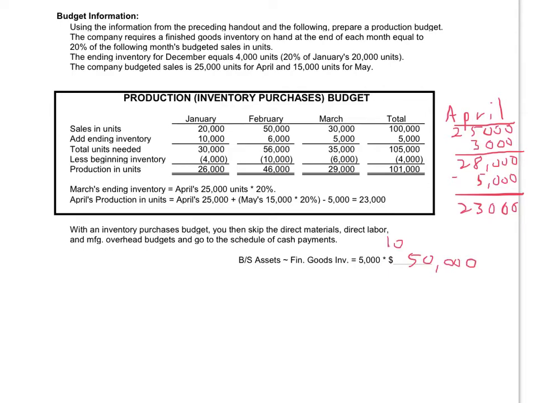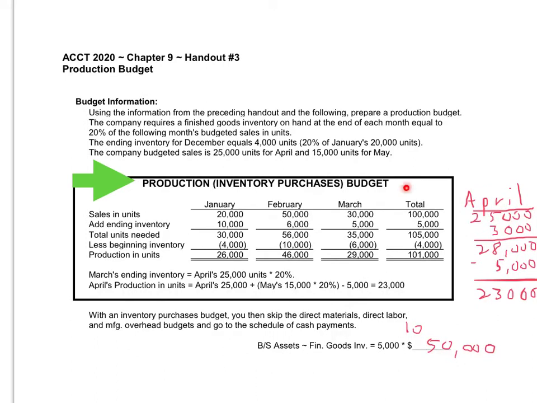And that's the number that would go on our finished goods inventory for the balance sheet. Okay. Production or inventory purchases budget. My ending inventory in finished goods is 5,000.